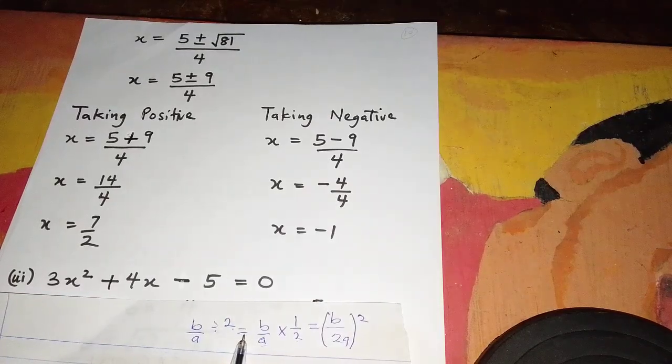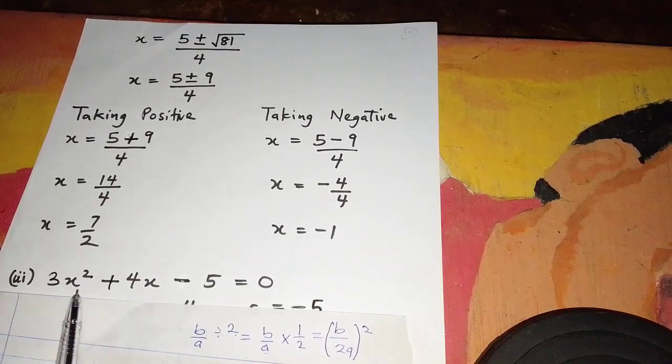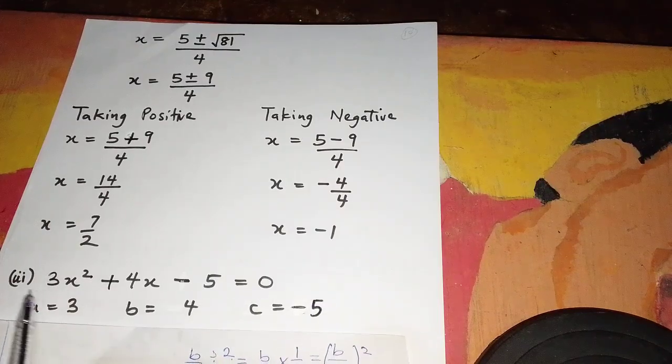Let's take one more example. You are having 3x squared plus 4x minus 5 equals 0. So the coefficient of x squared is taken to be a, coefficient of x is taken to be b, and the constant is taken to be c.